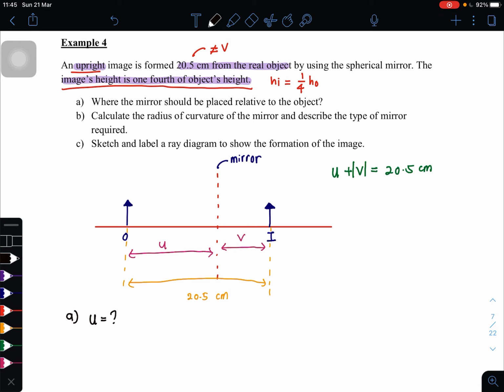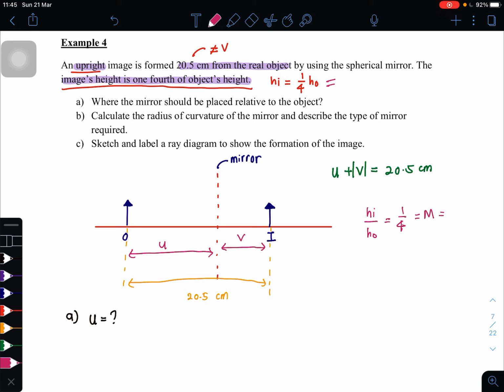And then information yang kita ada dekat sini adalah this one. So here, HI, kalau kita rearrange kan this one, HI over HO is equal to 1/4. Di mana HI over HO ni adalah sebenarnya the value for magnification.